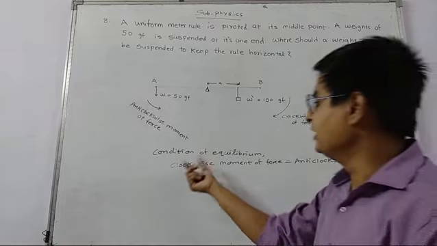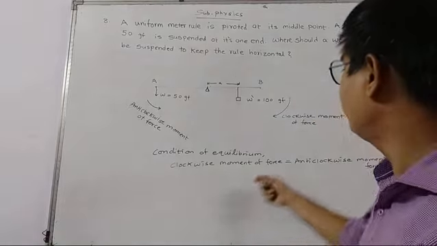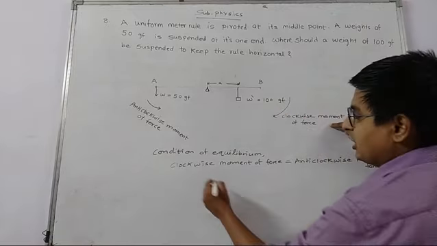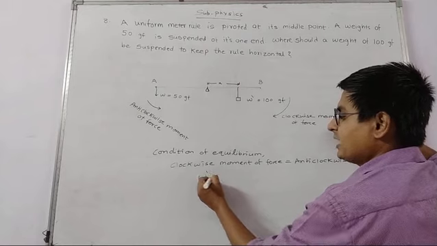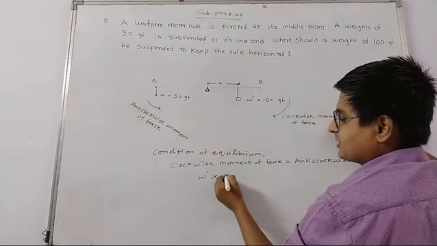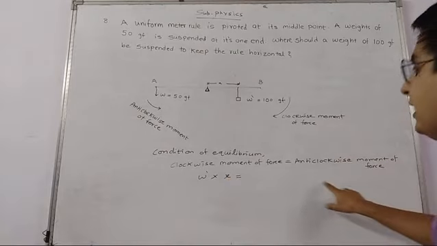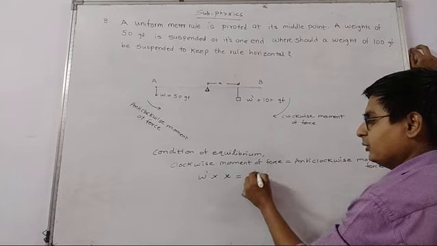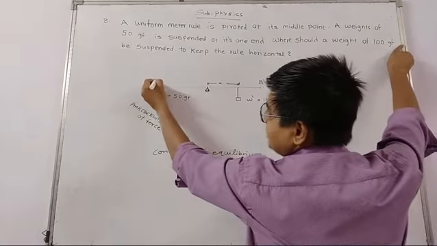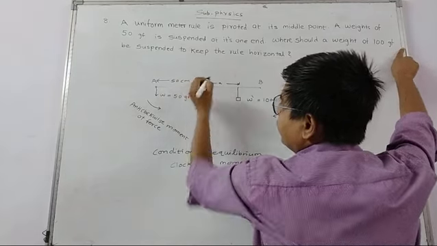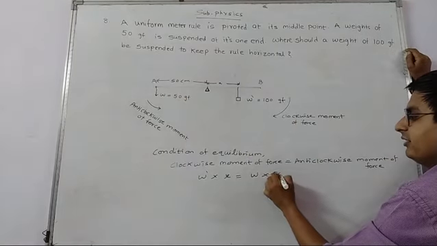Now the condition of equilibrium: clockwise moment of force, this weight was producing clockwise moment, so I will write W dash into the distance from the fixed point, which was x. And here anti-clockwise was produced by this W, so I will write W into, that is at one end, so distance will be 50 centimeter from the pivot point, I will write 50.